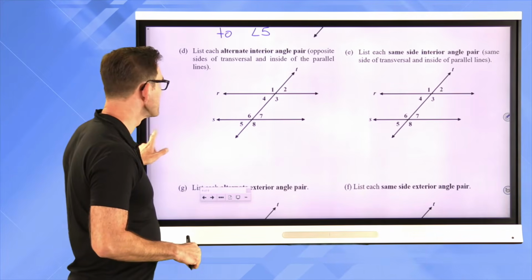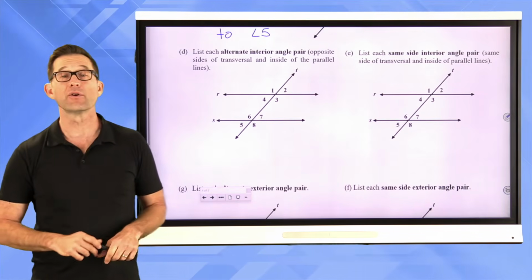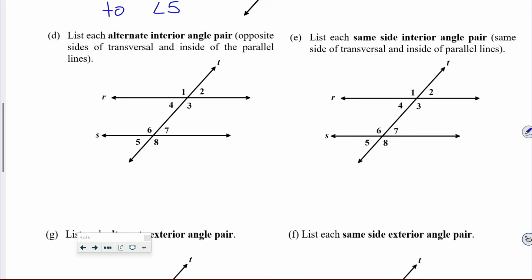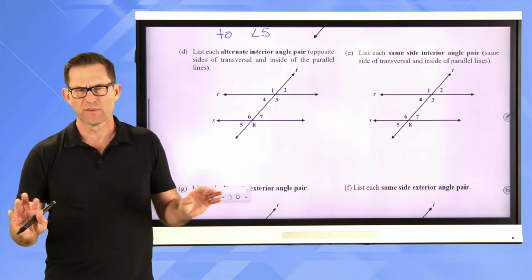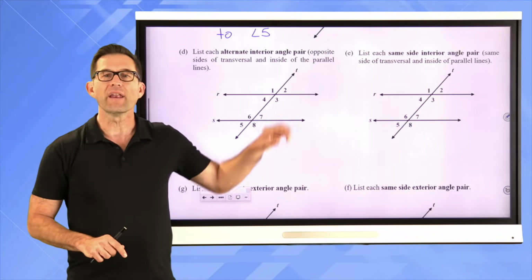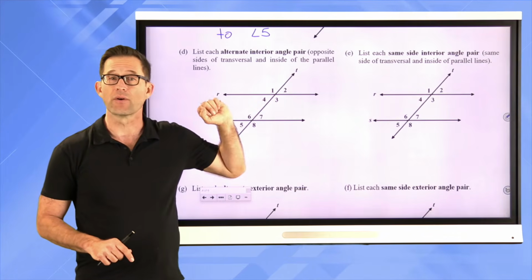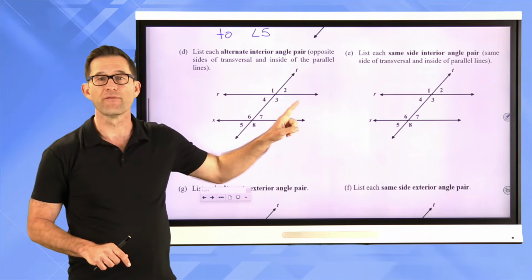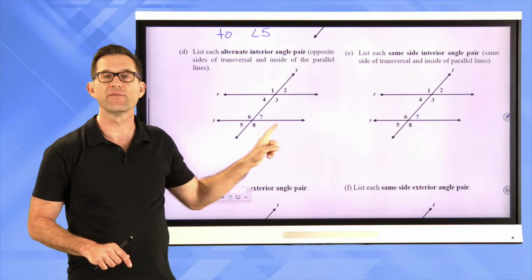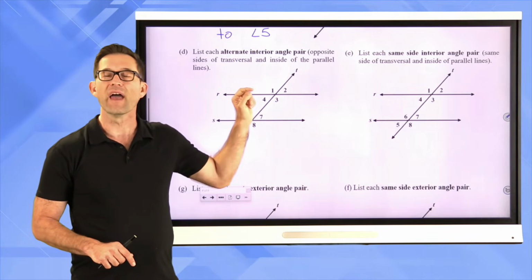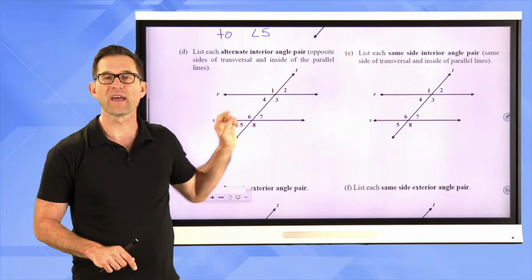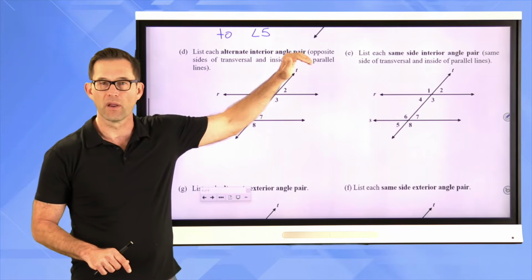Now let's talk about ones that have kind of more confusing names. Letter D. List each alternate interior angle pair, opposite sides of transversal and inside of the parallel lines. So let's talk about it. We've got interior angles and exterior angles. The interior angles are the 4 angles that are inside of the 2 parallel lines. The exterior angles are the 4 angles outside of the 2 parallel lines.